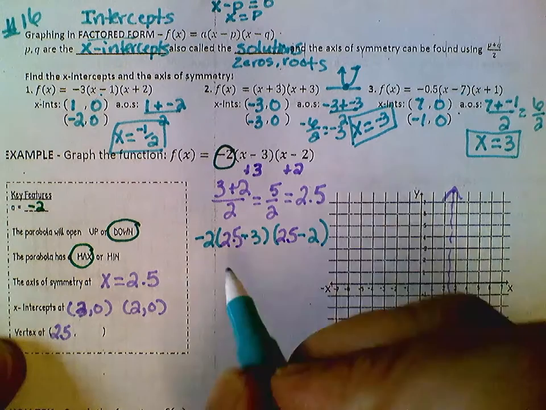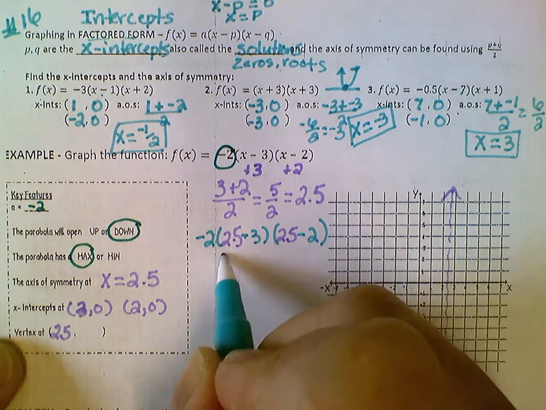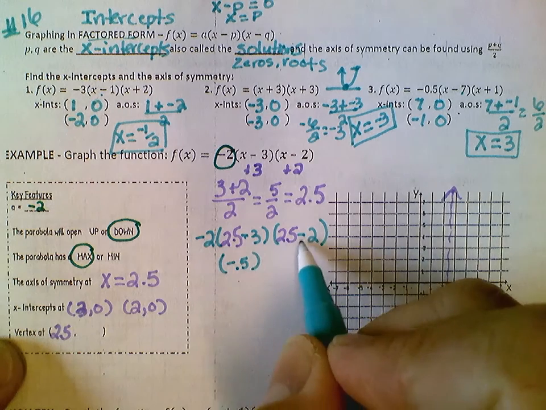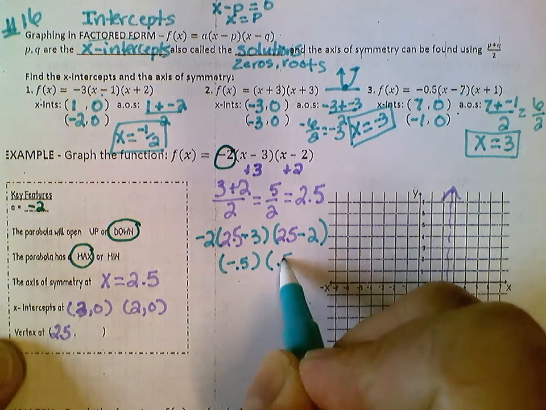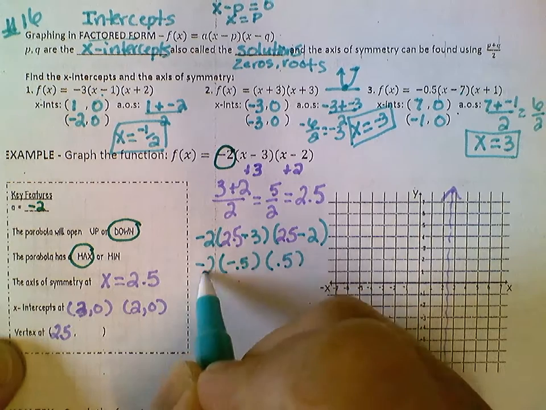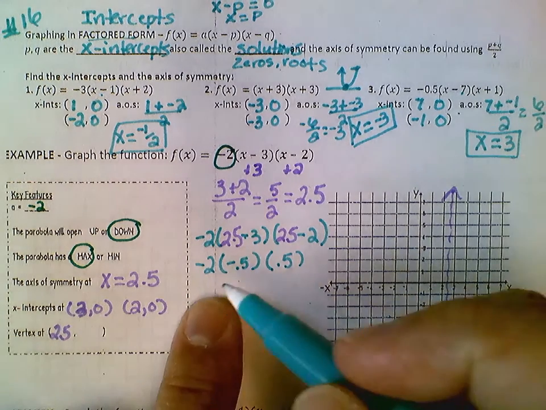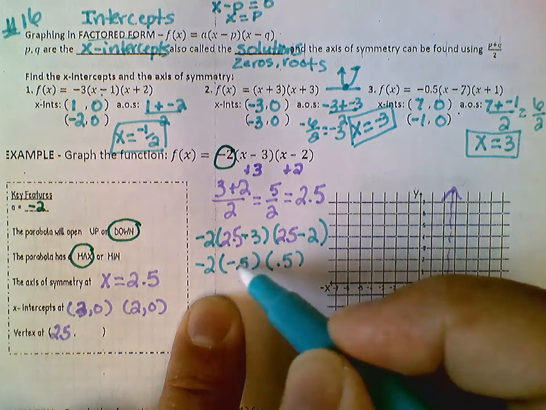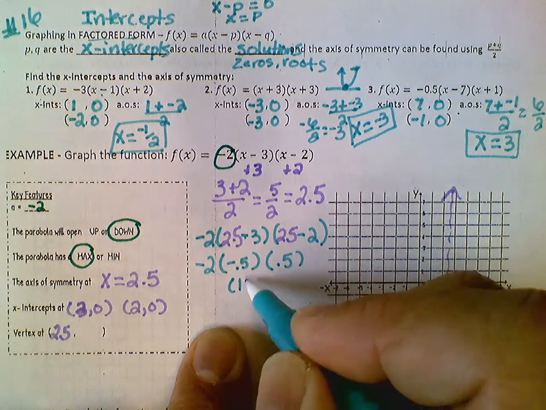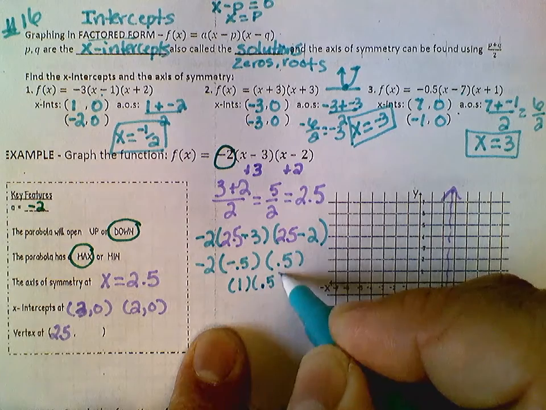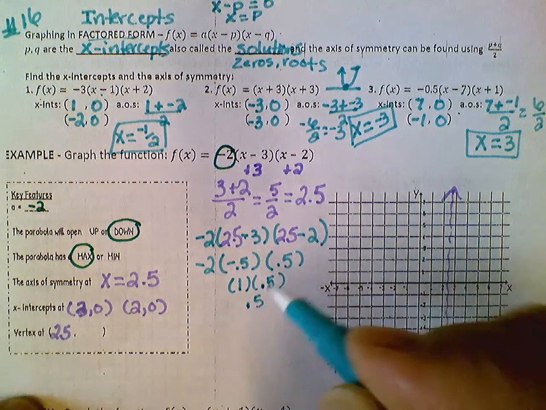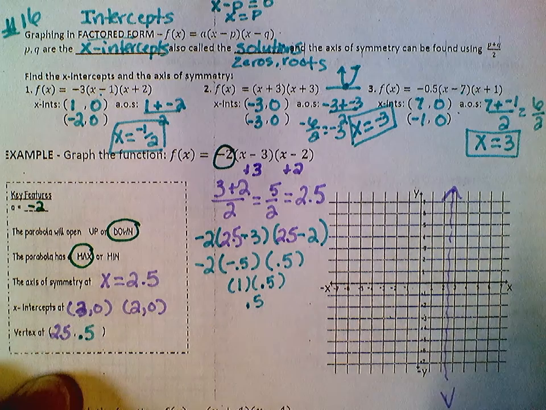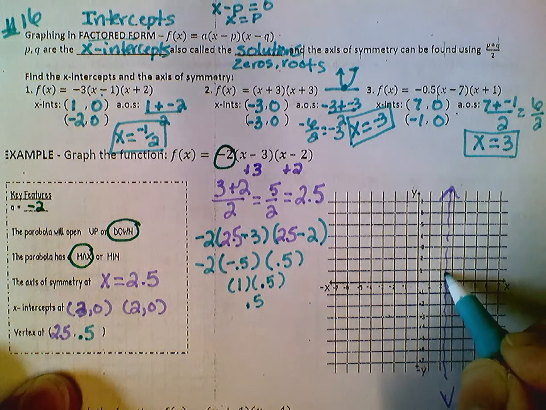All right, so 2.5 minus 3 is -0.5, and 2.5 minus 2 is +0.5. And I have to multiply that times -2. So 2 times a half is 1, and negative times negative is positive. So that's a positive 1 times 0.5, so it's 0.5. My vertex is at (2.5, 0.5).